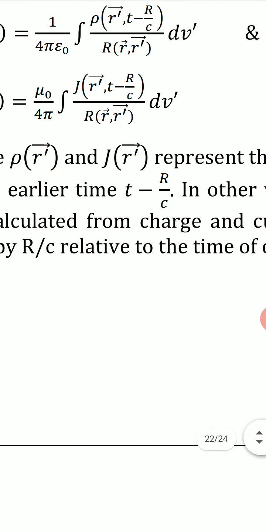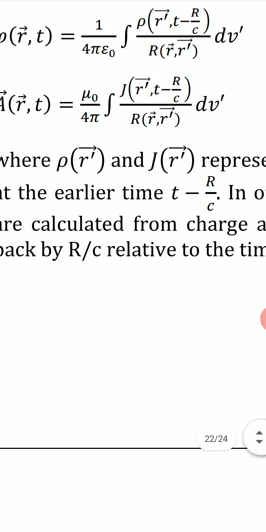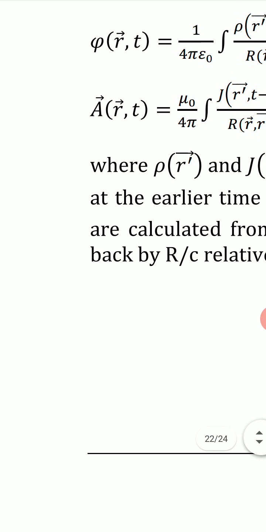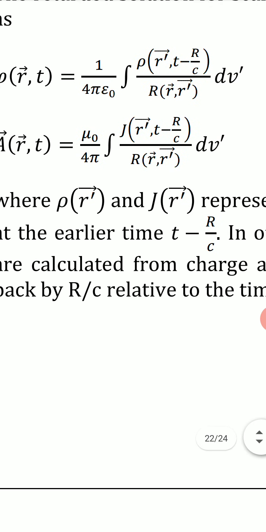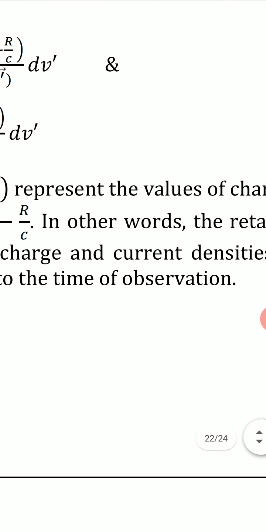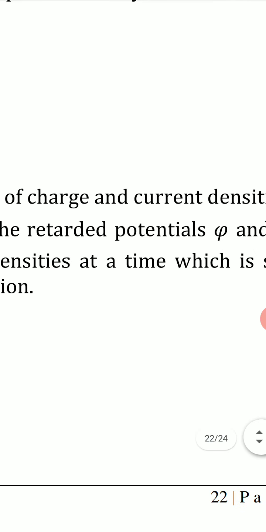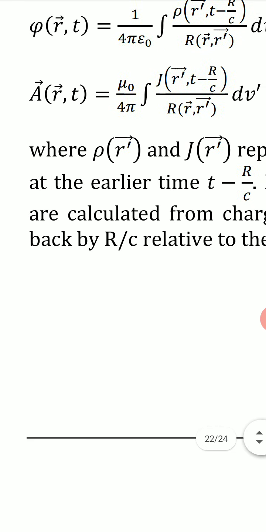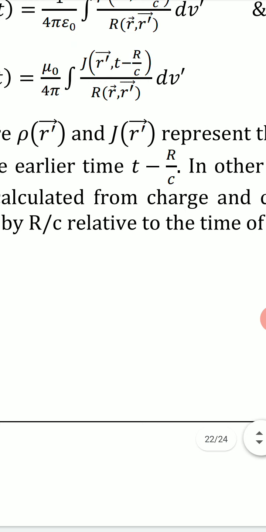Now we have t minus r upon c. In place of time t, we have now time as t minus r upon c. So these rho and j are functions of t minus r upon c. These represent the values of charge and current densities at the earlier time t minus r upon c.